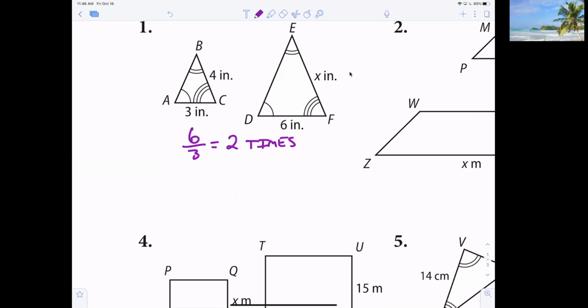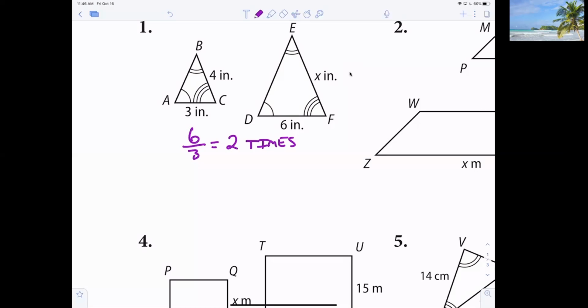You could say that. Or instead of saying 2 times smaller, you can say half as big. It's half as big.